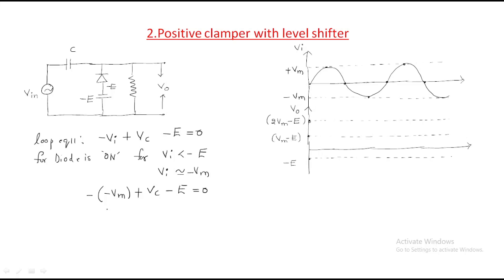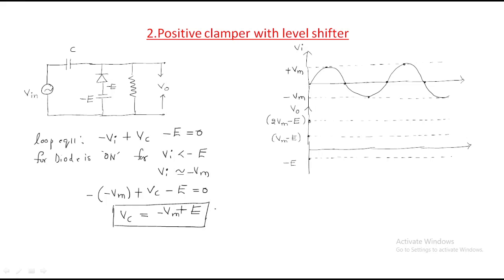Then the capacitor voltage we can write like this. The capacitor voltage is Vm minus, because this is plus Vm and this is minus E. When it goes outside of the equal sign, it becomes minus Vm, and this is plus E. This is the capacitor voltage when the diode is on.